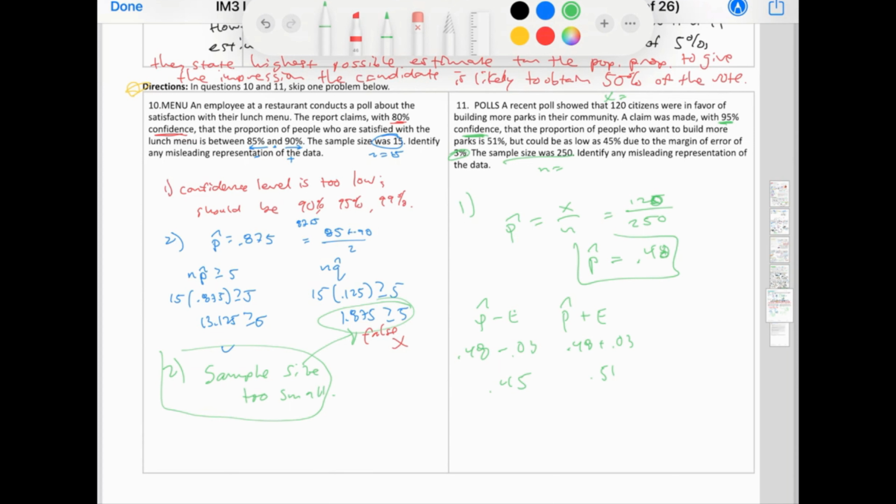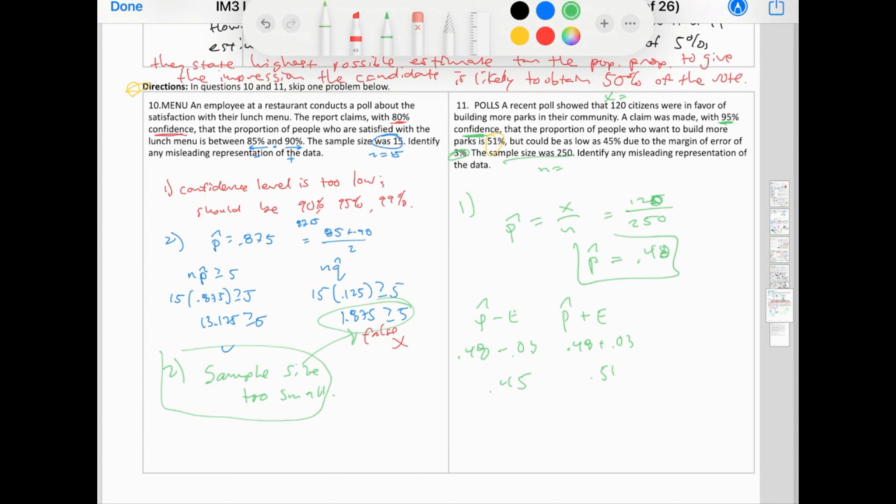But what they're showing here is a high of 51% and claiming that as their highest possible estimate for the population proportion, to give an impression that the proportion of people who want the park is greater than 50%, but that's not the case.